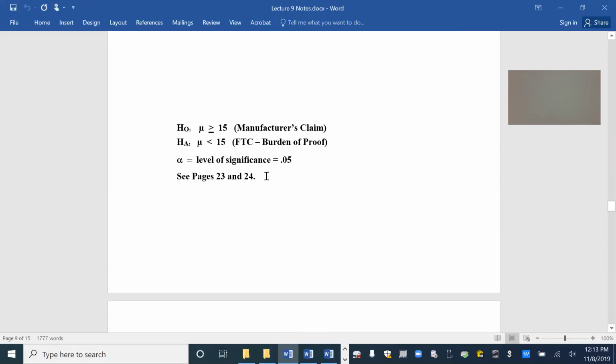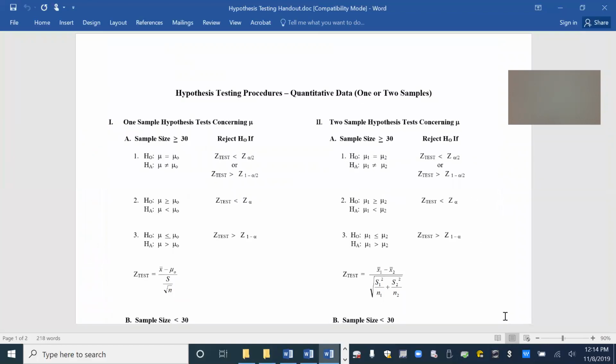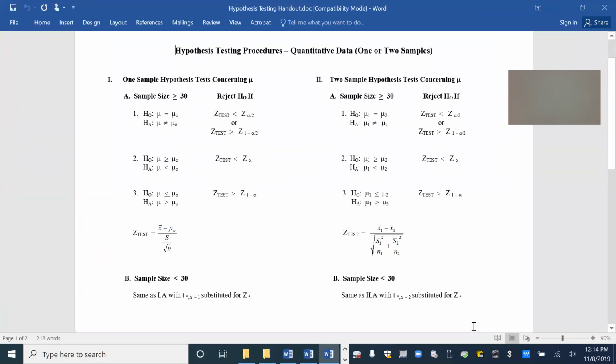Now, again, that's all you have to do. And then you go to this wonderful handout. Ay, caramba. That's ugly. Greek festival. Okay, I know. Just go with it. Believe it or not, this is your friend. This is going to save you a lot of aggravation.